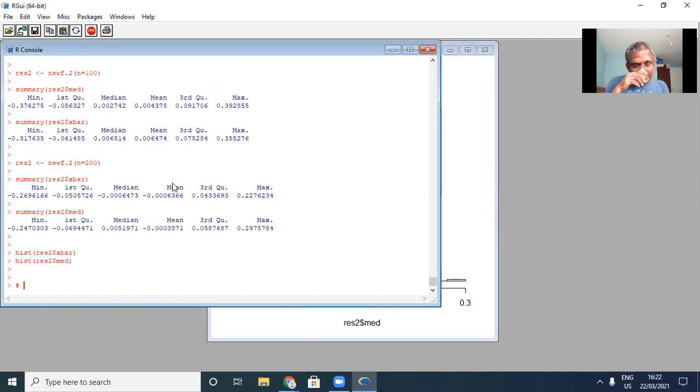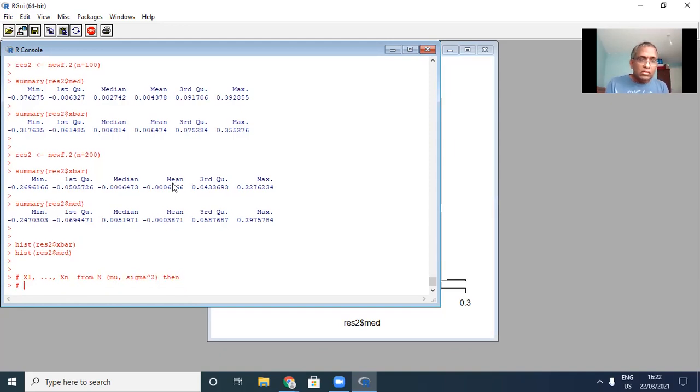If you have data x1 to xn from a normal distribution with parameters mu and sigma squared, then the following result is true: X bar, the sample mean, is normally distributed with parameters mu and sigma squared divided by n.